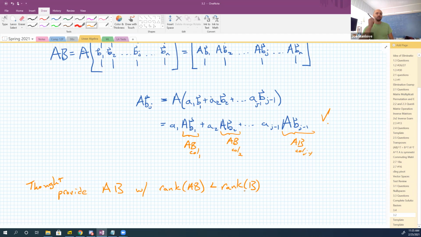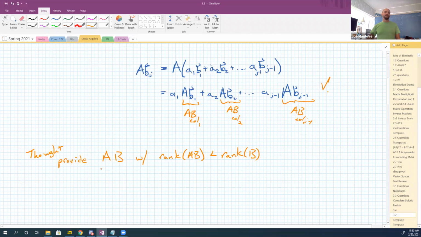I want two matrices where the rank actually goes down. Let's make them 2 by 2, just for kicks. Tell you what, let's take B to be the identity matrix. Linearly independent columns, it's got rank 2.